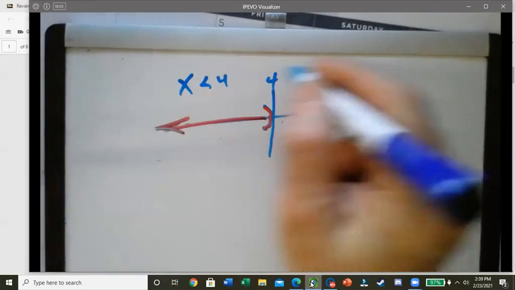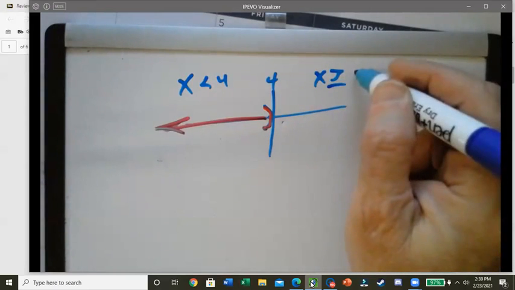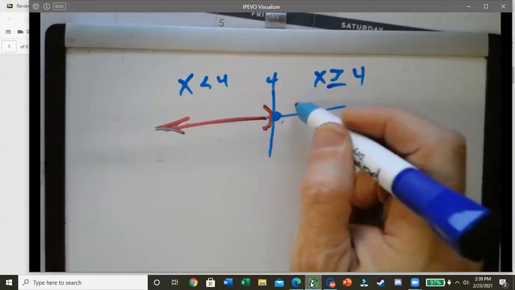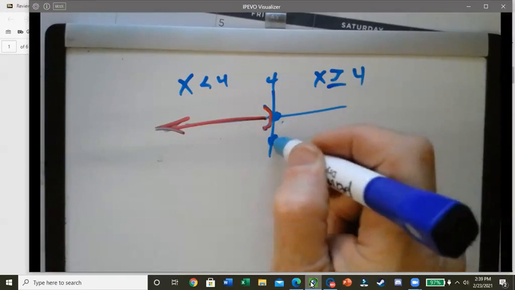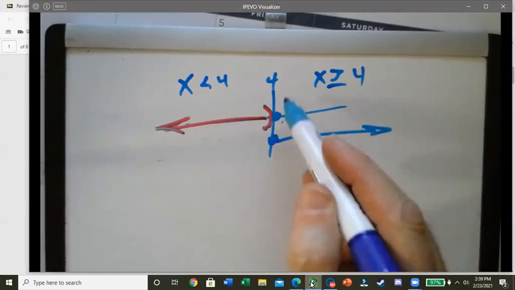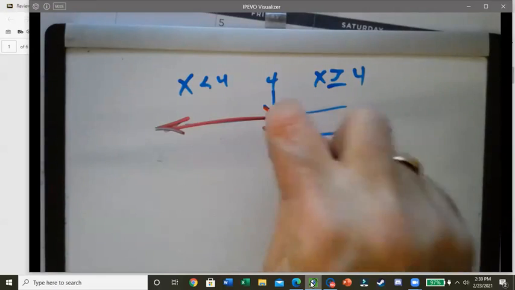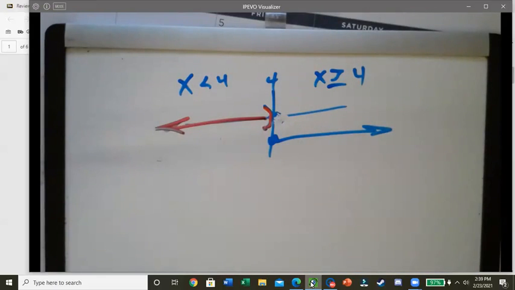So that would be the statement. The negation would be x is greater than or equal to 4. So that would include 4, and it would be everything else. So it's going to be either one or the other, statement or negation. I just moved it down there just to make it easier to see. Okay.